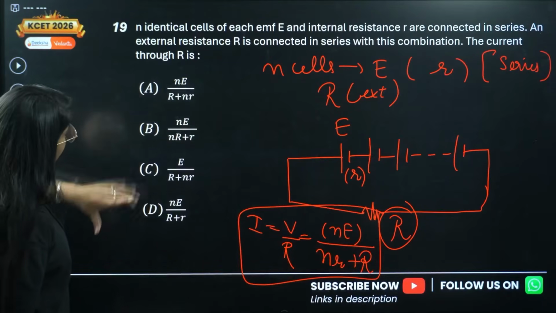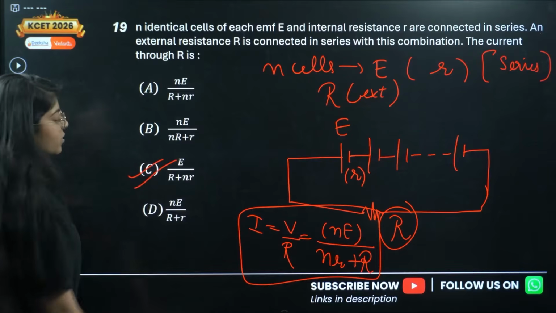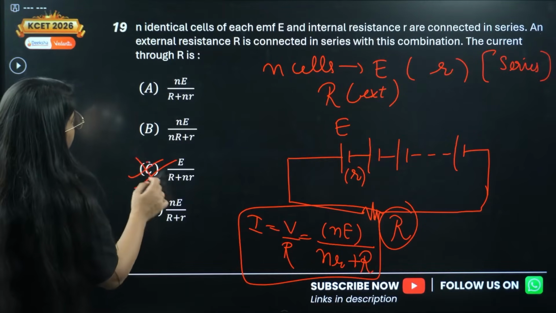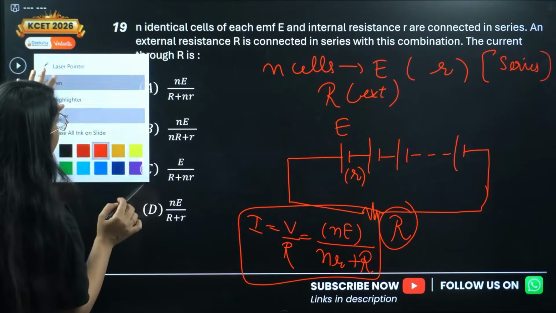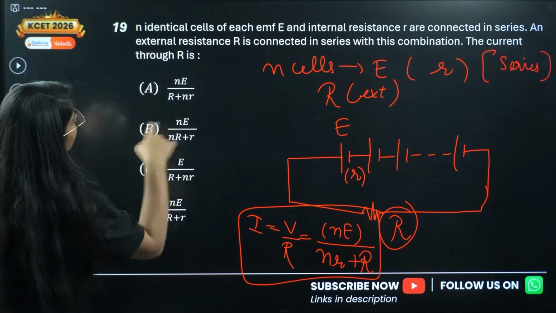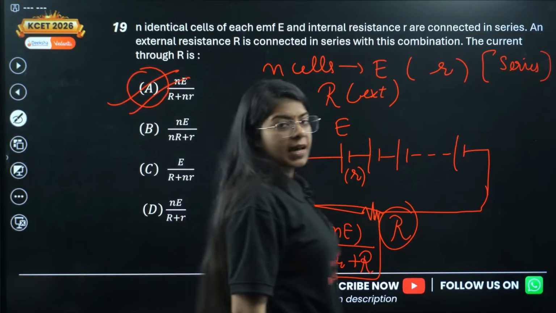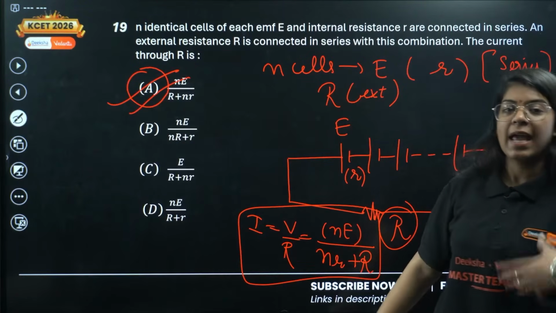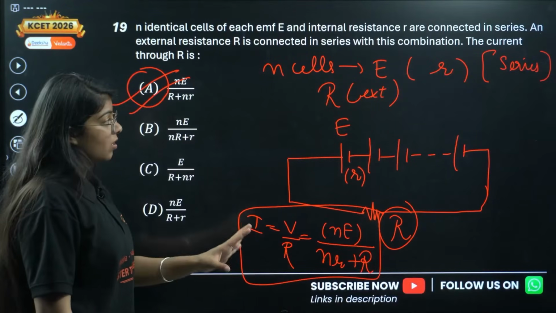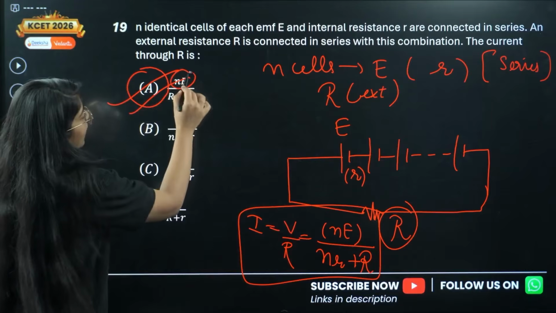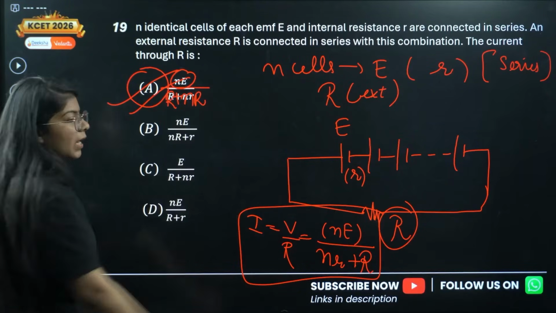Where is the correct answer? This one, correct. A will be the correct answer. There are n number of cells, each has an internal resistance, so n internal resistances and one single R external resistance. So, NE divided by R plus NR, correct?